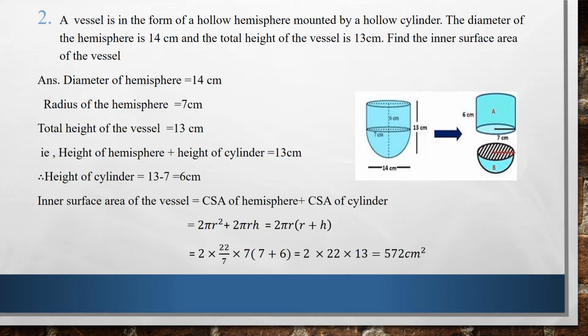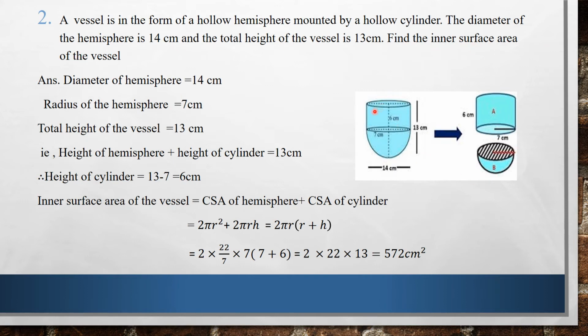Question number 2. A vessel is in the form of a hollow hemisphere mounted by a hollow cylinder. The diameter of the hemisphere is 14 cm and the total height of the vessel is 13 cm. Find the inner surface area of the vessel.